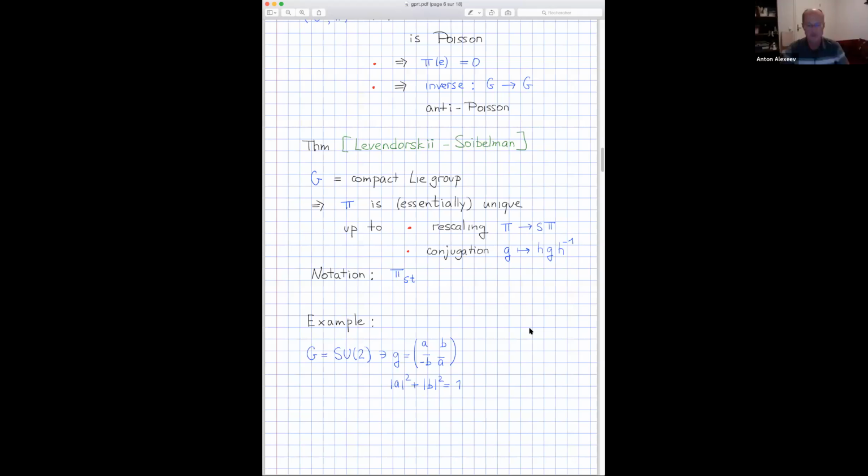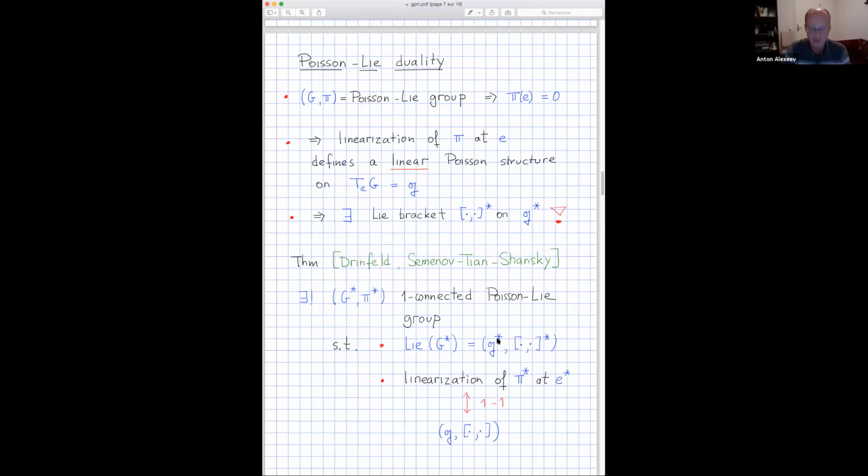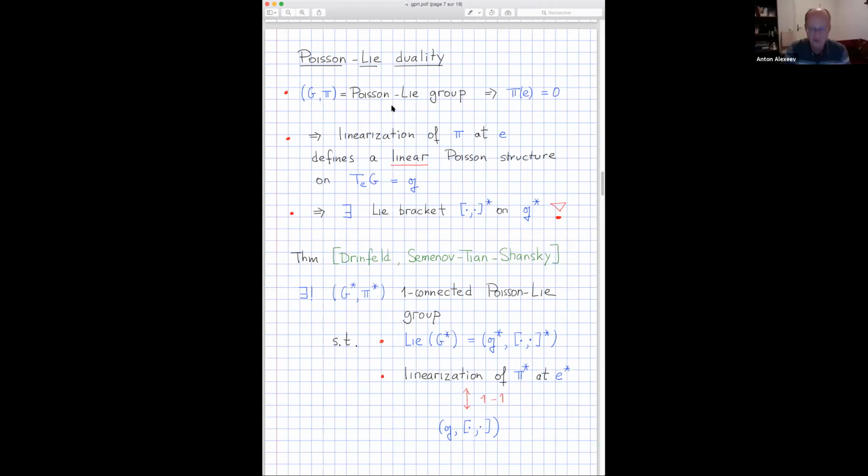Okay, good. So now there is this interesting notion, which is called Poisson-Lie duality. I don't quite know to what extent you're familiar with it. Given a Poisson-Lie group, you always get a companion, a second Poisson-Lie group, which works as follows. Let's start with a Poisson-Lie group G, pi. Then we said that pi vanishes at the group unit. Assume that everything is very nice.